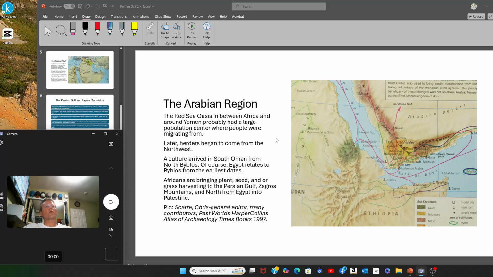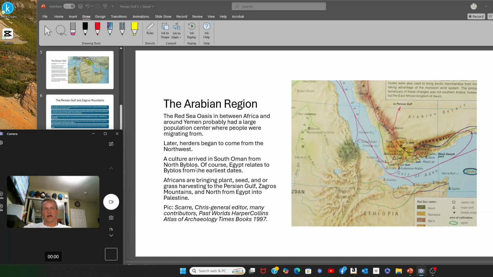A culture arrived in South Oman from North Byblos. That's very fascinating. I want to research into that. That's the first time I heard that. Byblos is on the coast of Israel, right? By Tyre, the famous city.